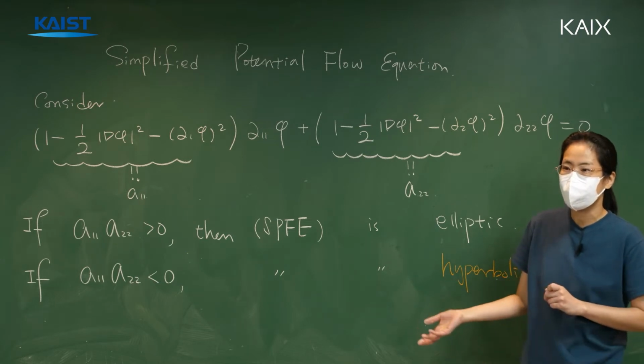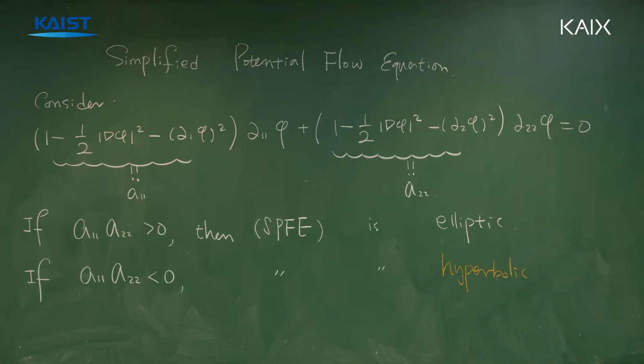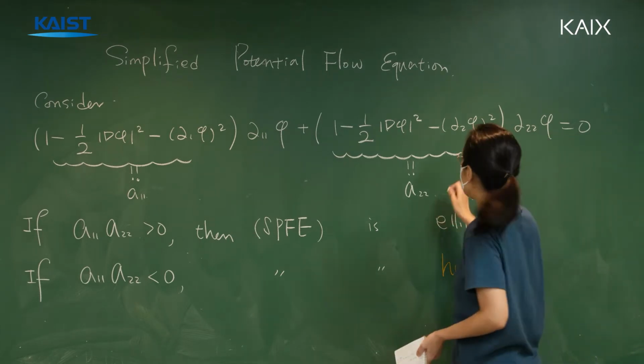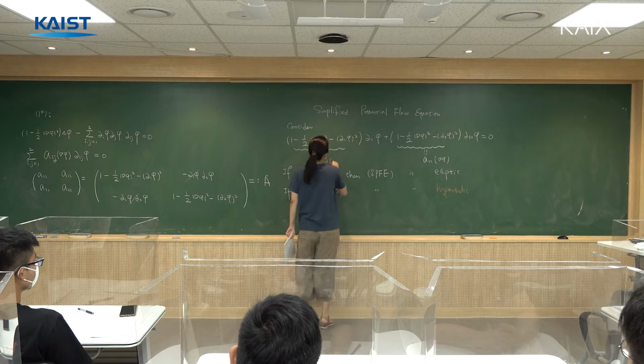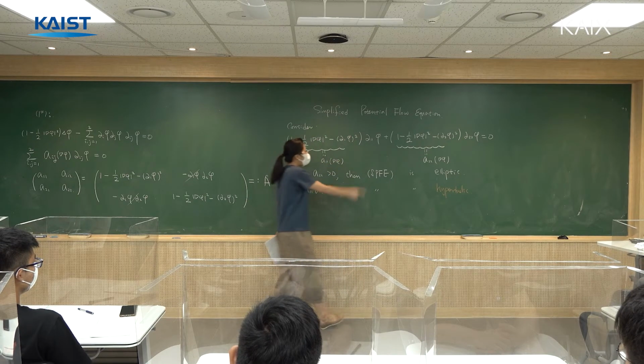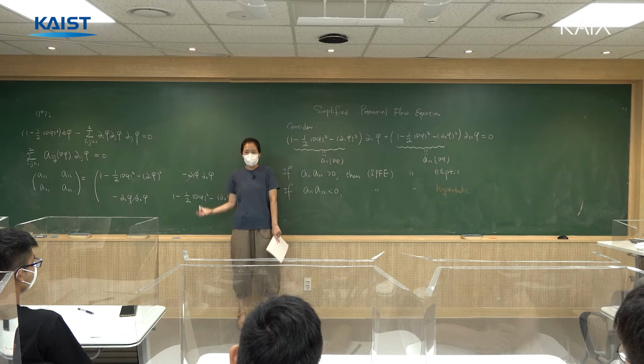So this is a kind of paradox in the study of nonlinear PDE, especially when the coefficient depends on the gradient of the solution. This is much more difficult compared to the case where the coefficient depends on the solution itself.